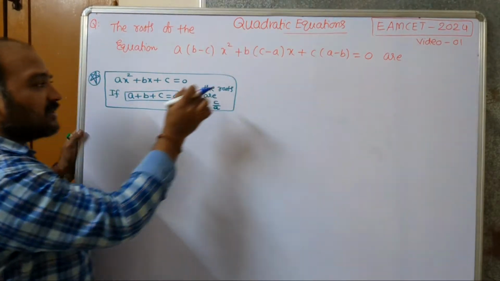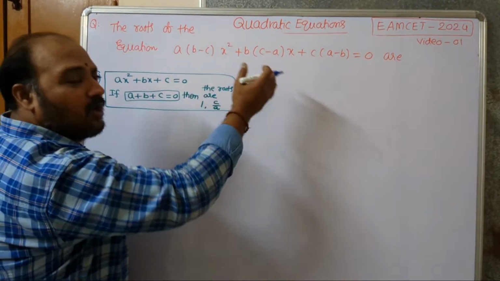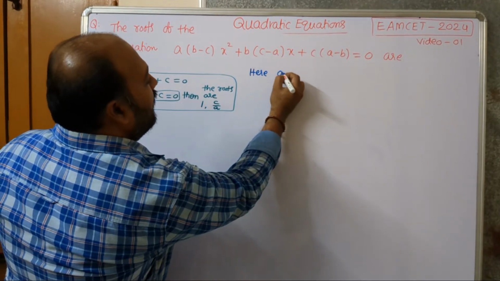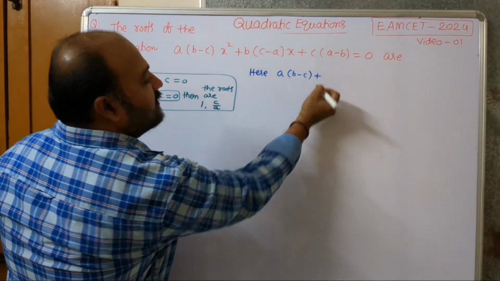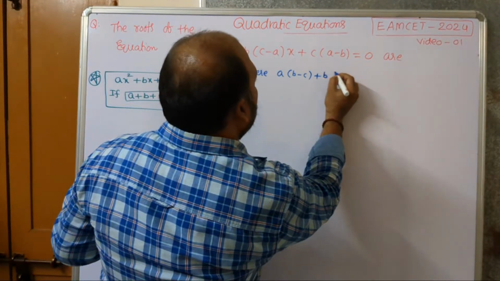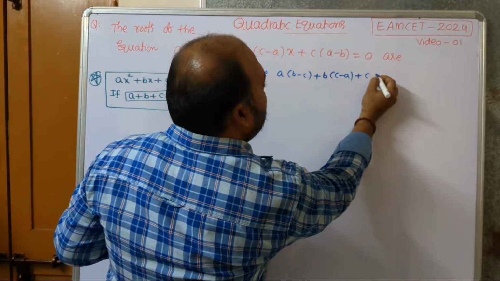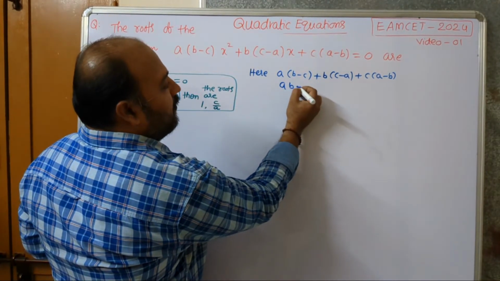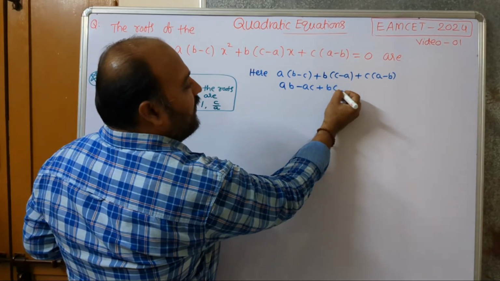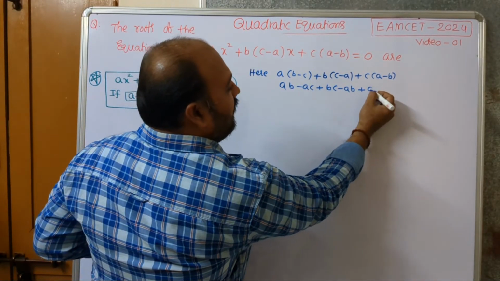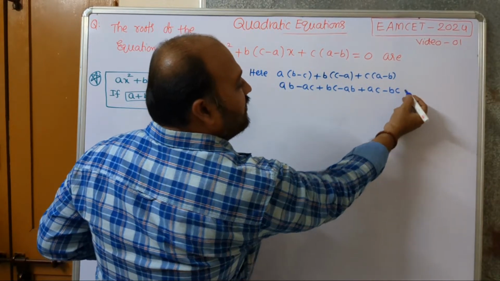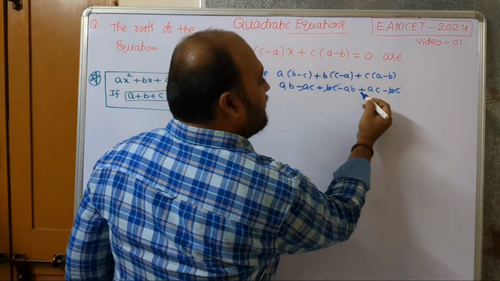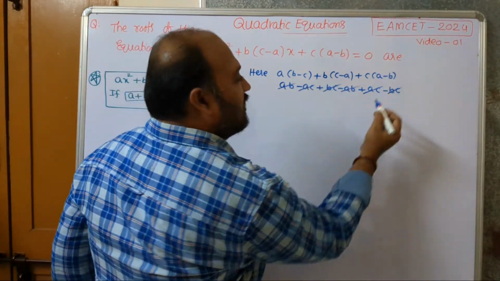See here, first whether this condition is going to be satisfied for the question or not. Here I am checking that. Here a into b minus c plus b into c minus a plus c into a minus b. We will check it: ab minus ac plus bc minus ab plus ac minus bc. Plus bc minus bc, minus ac plus ac, plus ab minus ab get cancelled.